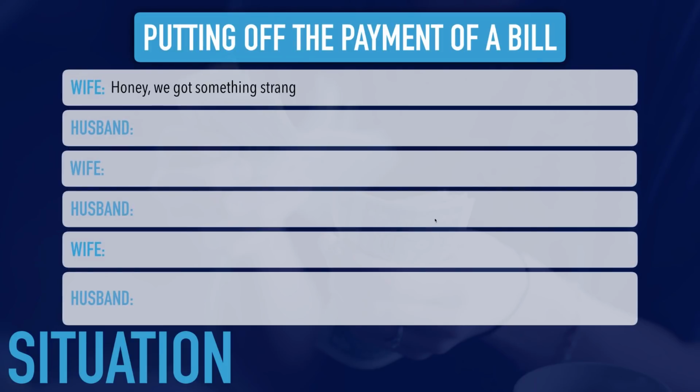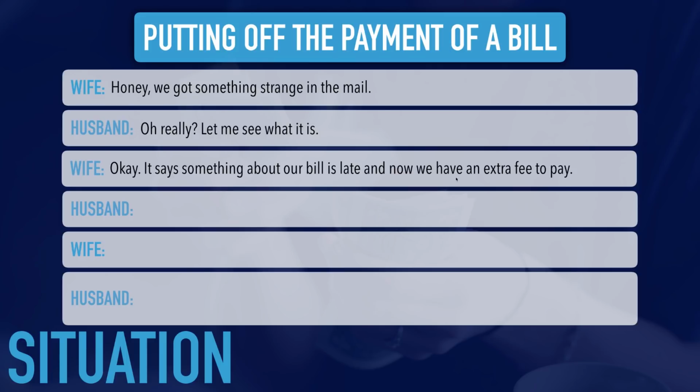The wife says, honey, we got something strange in the mail. Oh, really? Let me see what it is. Okay. It says something about our bill is late and now we have an extra fee to pay. Says the husband, that is weird. I thought for sure I paid all of the bills last week.